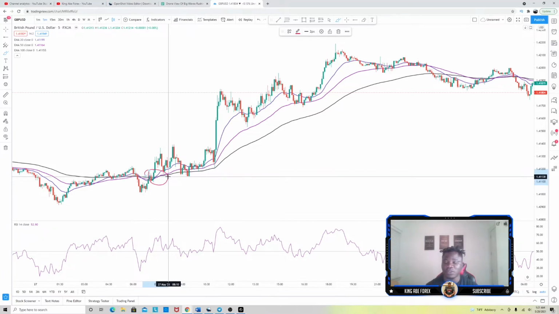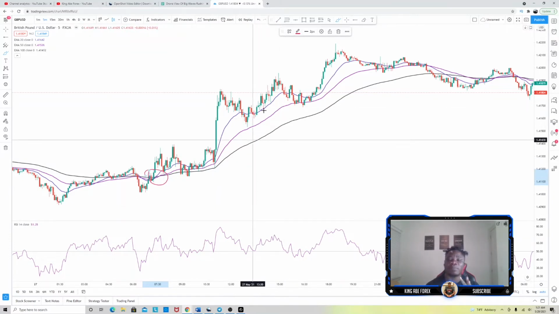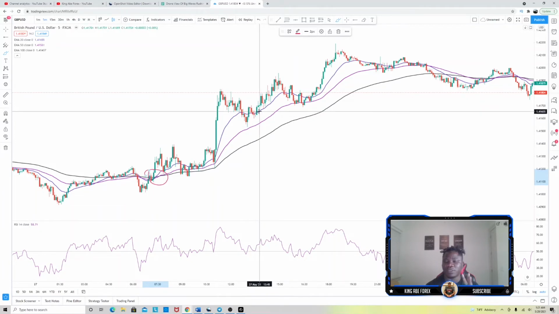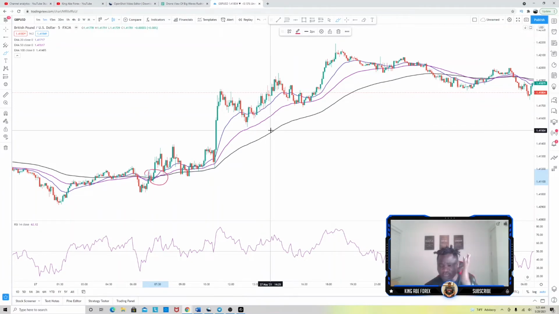We also need huge space in between the 20, the 50, and the 100 EMA. That's what we need to be looking out for.